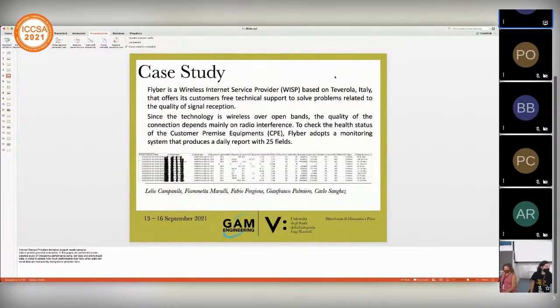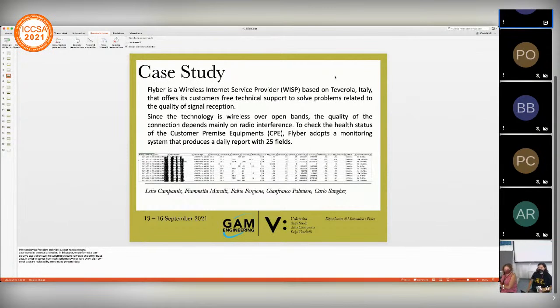And what about our case study? Our case study is based on Flyber. Flyber is a tiny wireless internet service provider based in Italy. The staff of Flyber works hard in order to offer the best connection to customers.